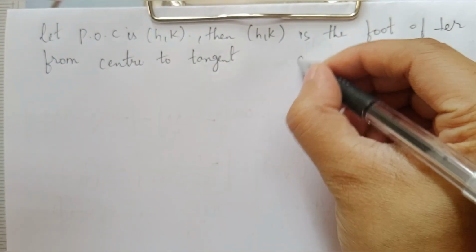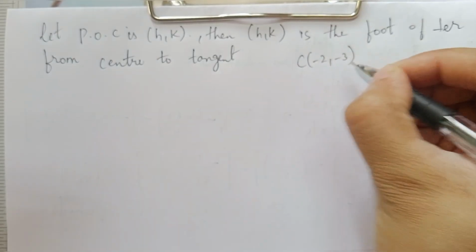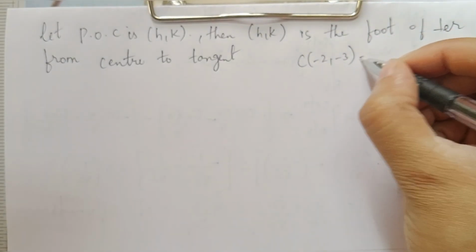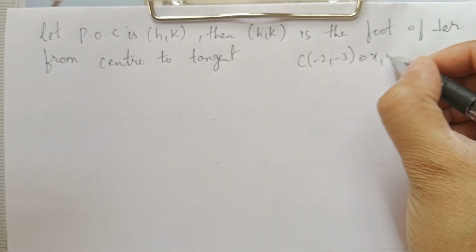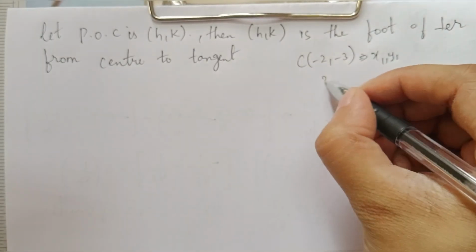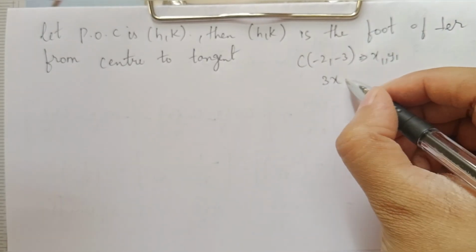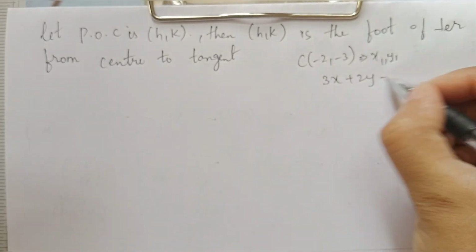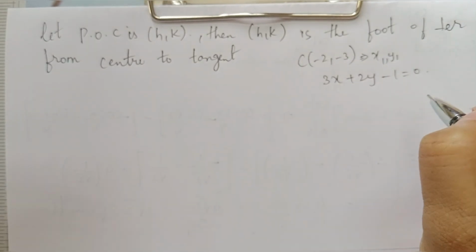Here the center, minus 2 comma minus 3, is our point x1 y1, and the tangent 3x plus 2y minus 1 equals 0 is the line.